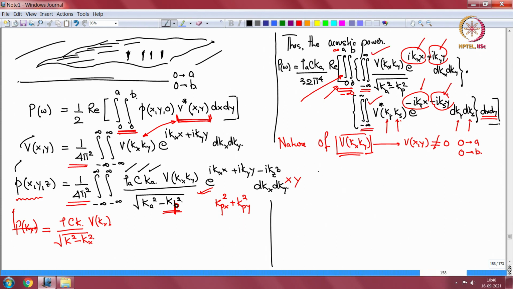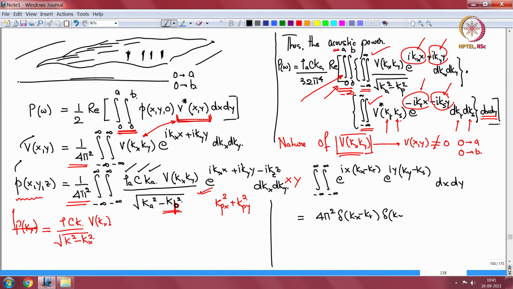We now look at just the xy integral. So that is the integral from minus infinity to infinity, minus infinity to infinity, of e to the power i x (kx minus kr), e to the power i y (ky minus ks), dx dy, and this is equal to 4 pi squared delta(kx minus kr) delta(ky minus ks).